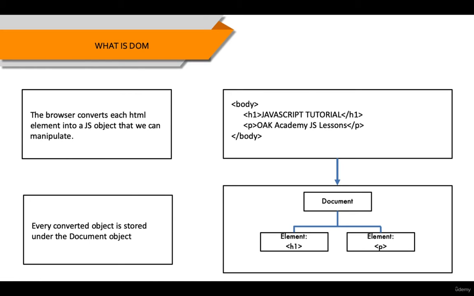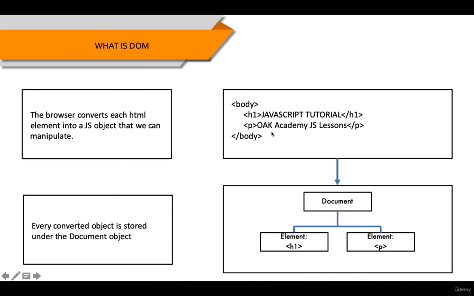Again, just to understand a little better, when we load up HTML, the browser displays things to us like this. But behind the scenes, it's actually making this model of every single element with a JavaScript object, just like we did in our previous lessons with the John object and all the other objects.